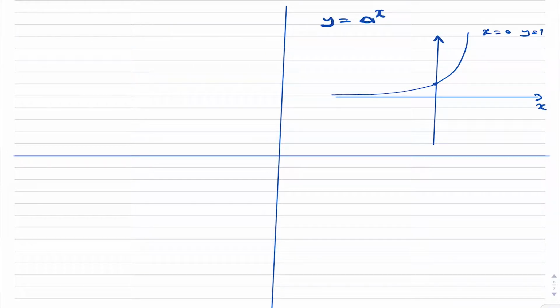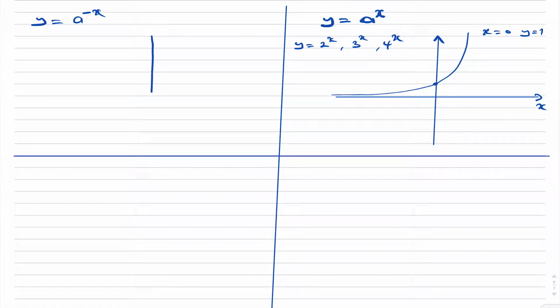So examples would be y equals 2 to the x, y equals 3 to the x, y equals 4 to the x, and so on. So they all look quite similar. Now, the next graph we need to look at is y equals a to the minus x.